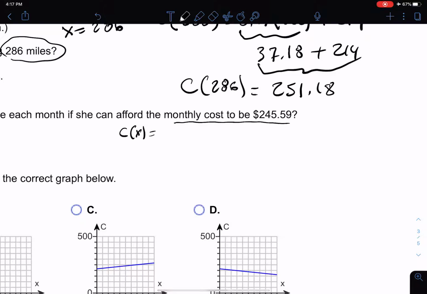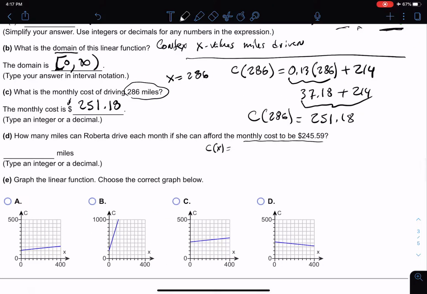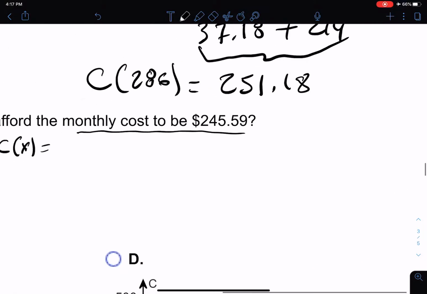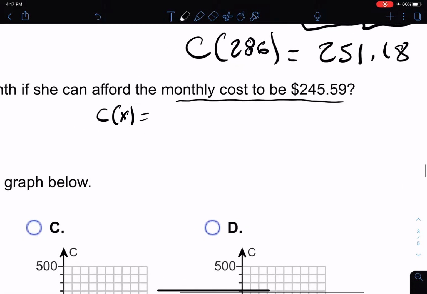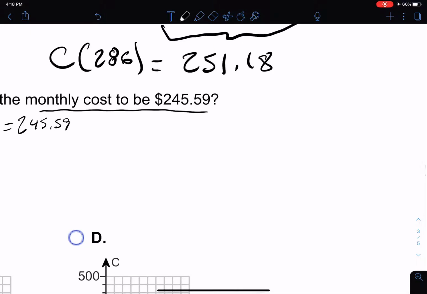So when they say how many miles can Roberta drive if she can afford, this is a cost. That means C of x equals $245.59. So we want to get our formula, which was C of x equals 13 cents per mile driven plus that flat fee of 214.